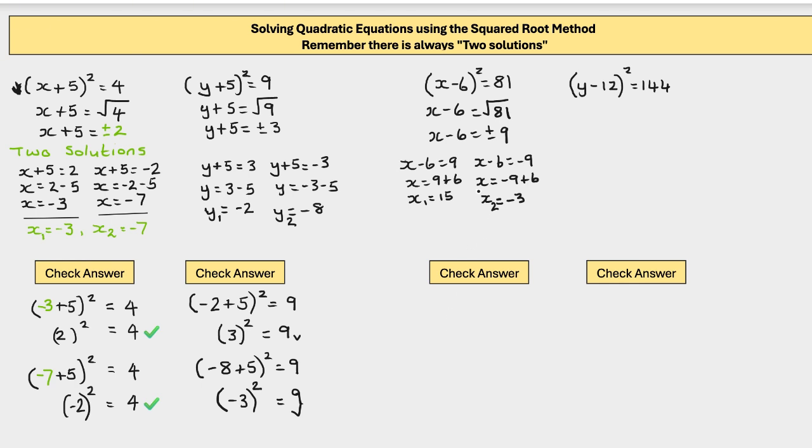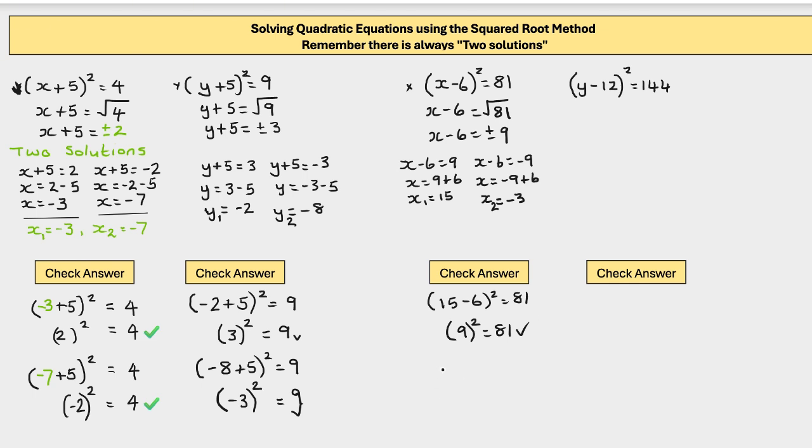So let's check our answer. Put it back into the original. This is our original question. So let's do our first solution. x1 replaces x. So it's (15 - 6)² and it should all equal 81. 15 - 6 is 9. 9 squared equals 81.